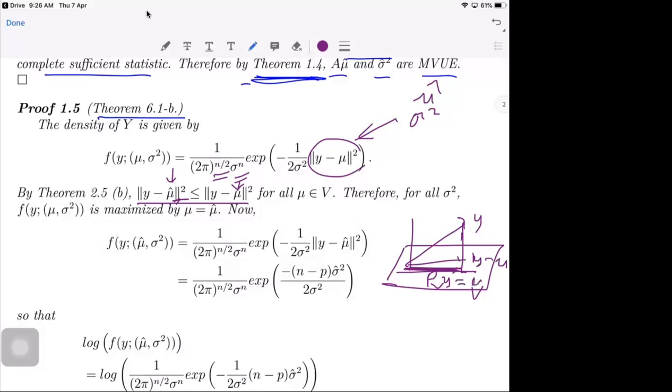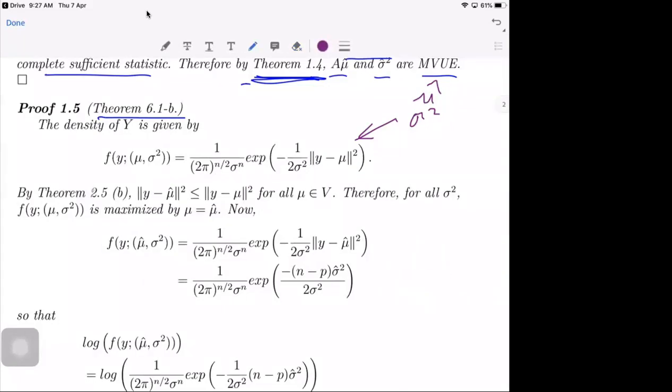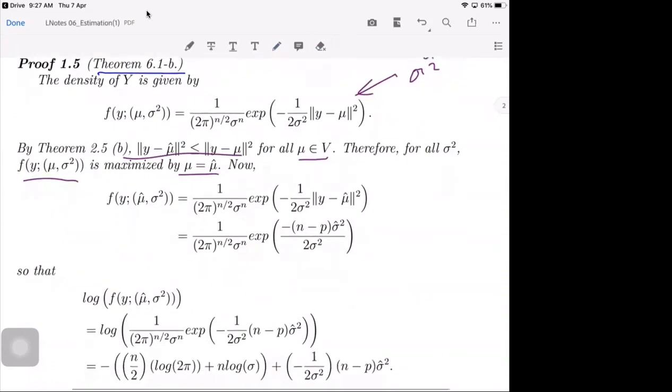Only mu hat is the closest, no? That is what this inequality is telling you. That is for all mu in V. Therefore, for all sigma, this probability density is maximized when mu is exactly equal to mu hat.